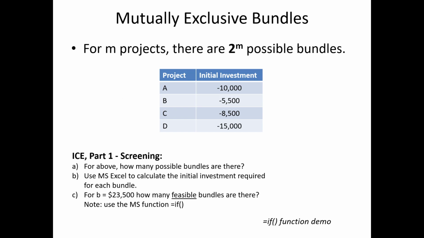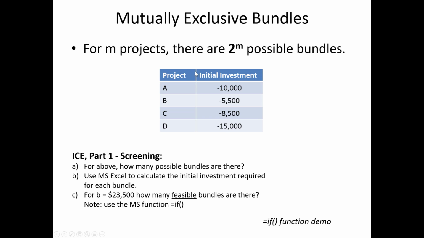Okay, so bundling is a process of trying to identify how many different alternatives there are when we have a group of possibilities. And so there's this calculation, 2 to the m, where there are m projects.